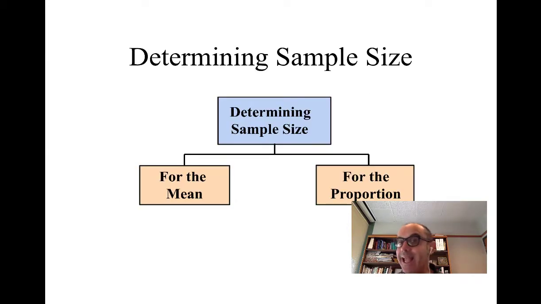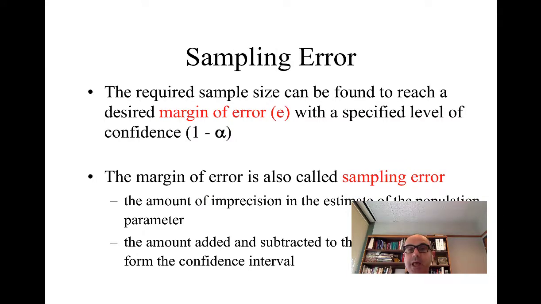So that leads us to ask, how did we come up with 100? Why? How do we do that? When we are determining the sample size, we need to know it for the mean and for the proportion.